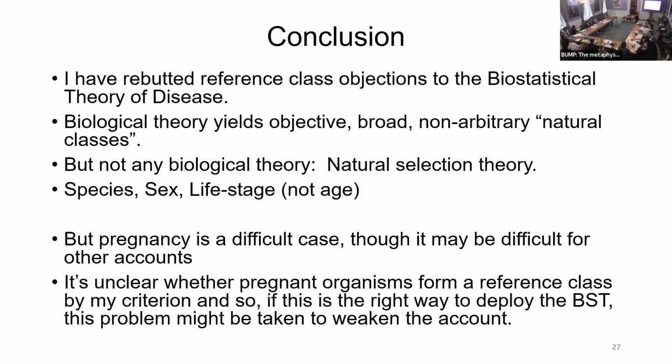So to have a useful reference class, I think you have to consider not just the species, sex, life stage, but in particular the context in which you live in given circumstances, and then you can decide whether this is an abnormality or not.